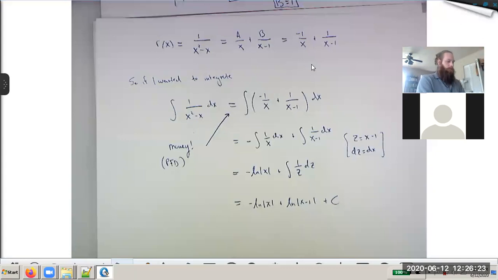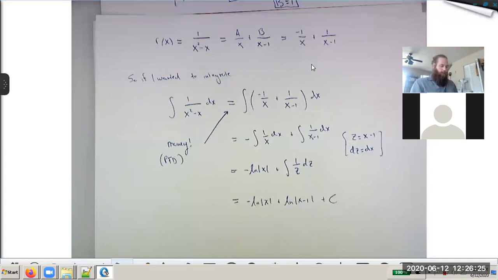Okay. So any questions on any parts of this? Any individual step here feel weird or uncertain, or anything that's hard to read?